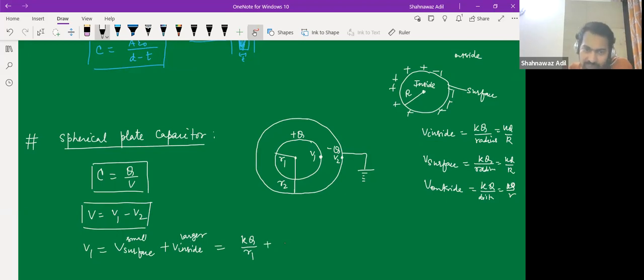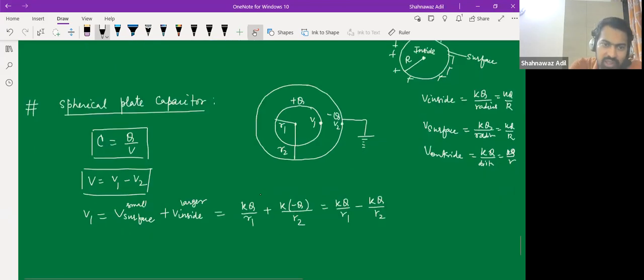What would be the potential? KQ by R2. What is the charge here? Minus Q, right? Good. So V1 is KQ by R1 minus KQ by R2.